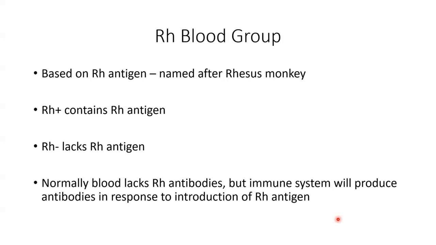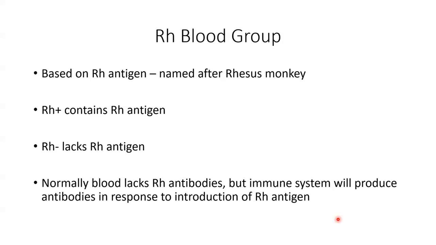Now, normally in blood plasma, we don't contain any Rh antibodies. However, if an Rh negative person receives a blood transfusion of Rh positive blood, the immune system of that recipient will start to make Rh antibodies that remain in the blood. If a second transfusion of Rh positive blood is then given at a later date, that clumping or agglutination will then occur and you can have the destruction of the red blood cells.